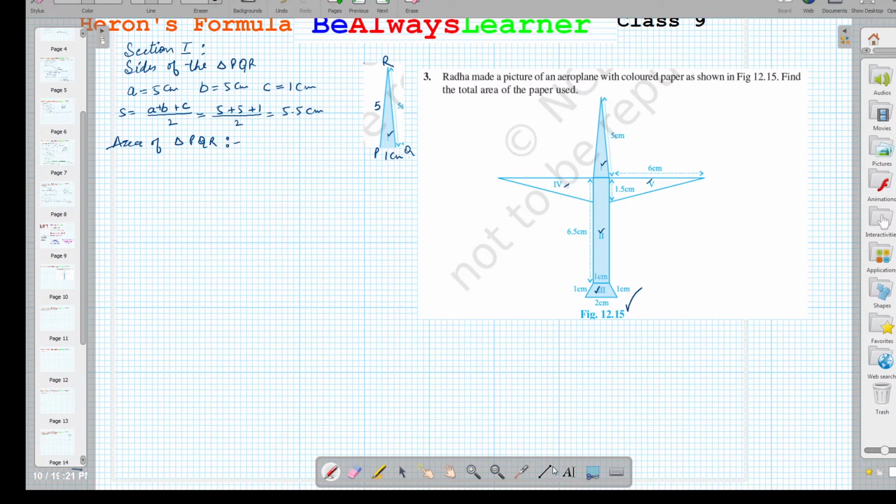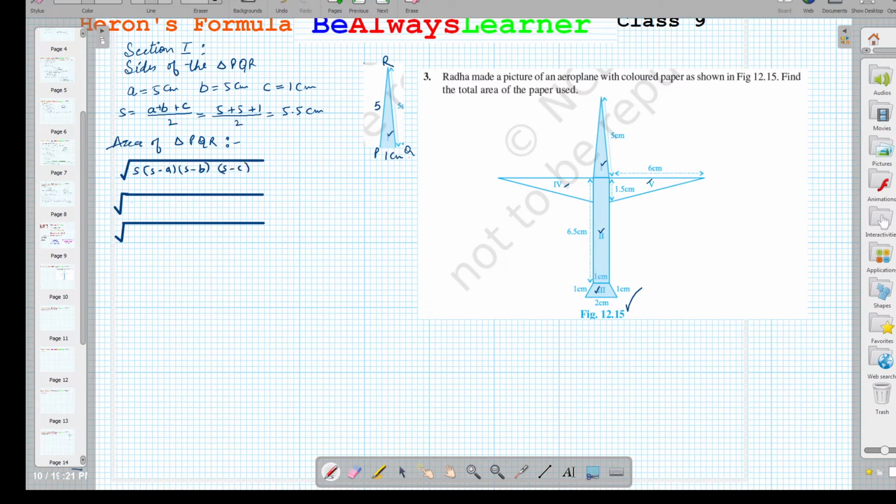We can use Heron's formula to calculate it. The formula is the square root of s into s minus a, s minus b and s minus c. We have all the values.